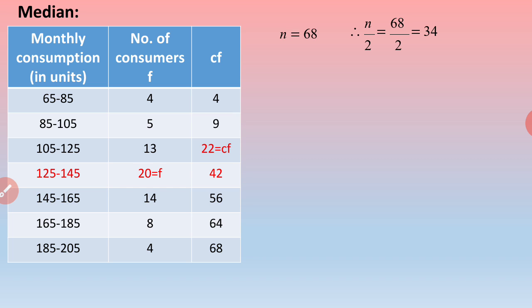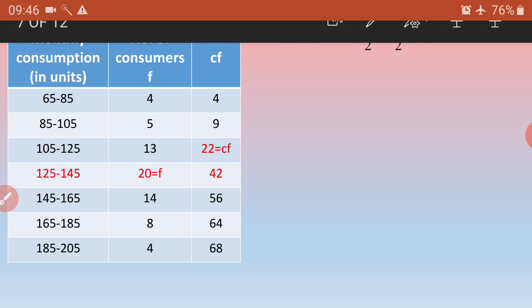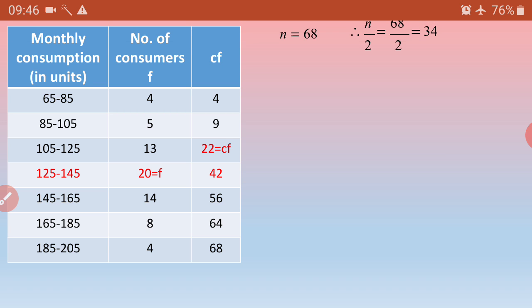Now 34 will lie somewhere here, before 42, after 22. So we always consider 42 to be the particular value and corresponding to it is our F, that is 20 in this case.